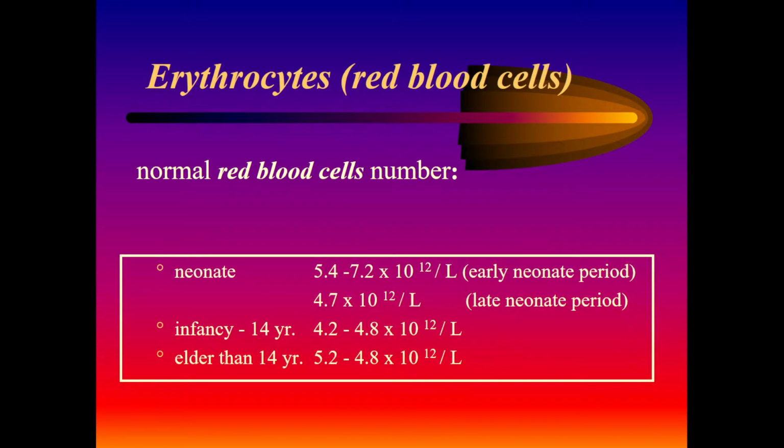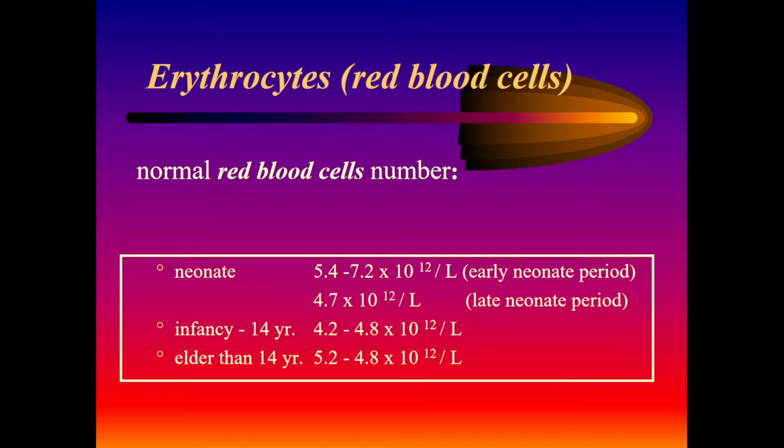Erythrocyte content, the red blood cell number at different ages, differs between parameters. In the neonatal period, especially the early neonatal period, if you remember, the period from birth through the first 6 days, the red blood cell number is between 5.4 and 7.2 times 10 to the 12th per liter.